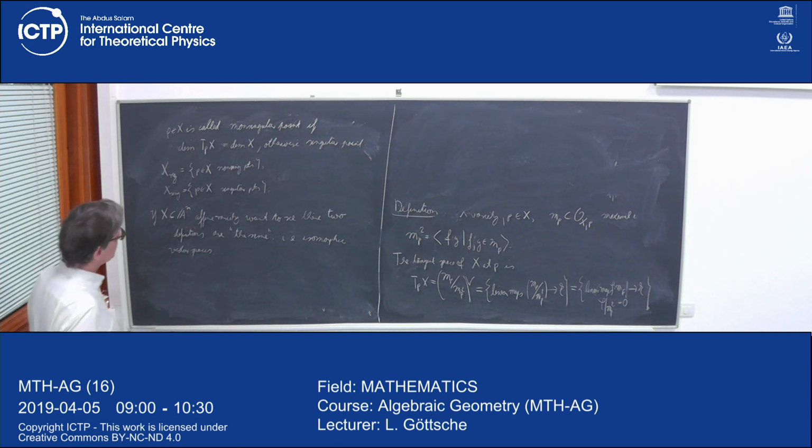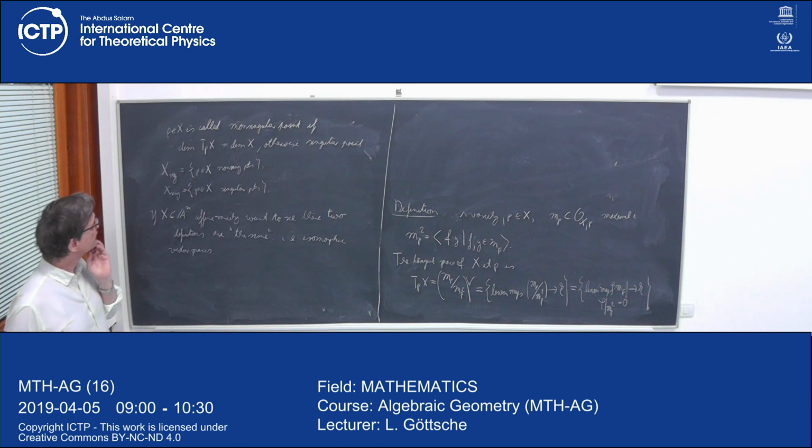So in order to do this, we want to show that these two different definitions of the tangent space are isomorphic. We have to give them different names so that we can compare them.